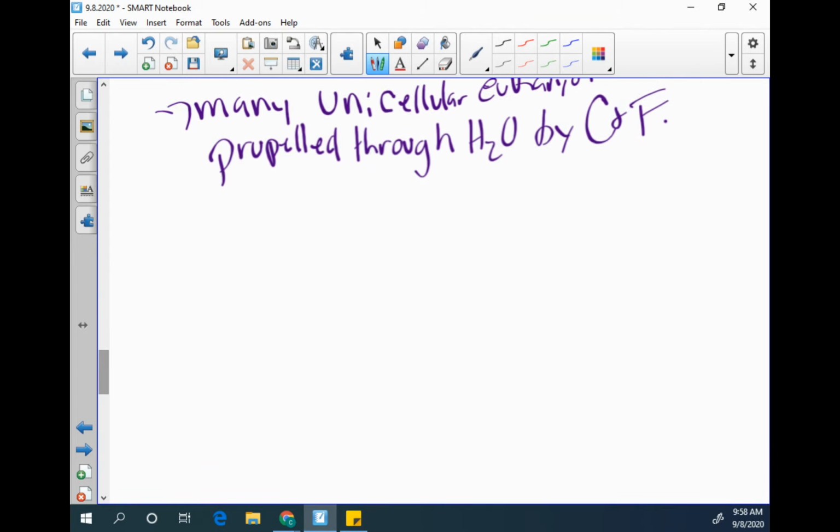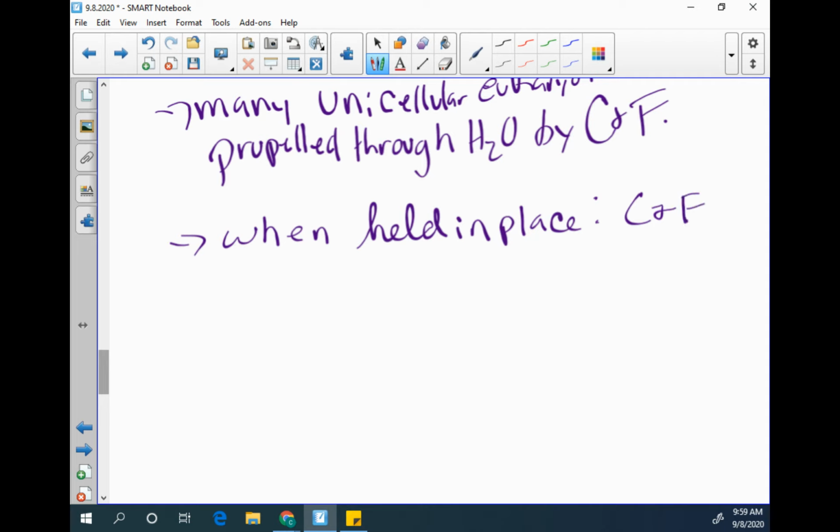But when cells are held in place, cilia and flagella are used to move fluid. For example, the lining of your trachea in your throat has a lot of cilia.